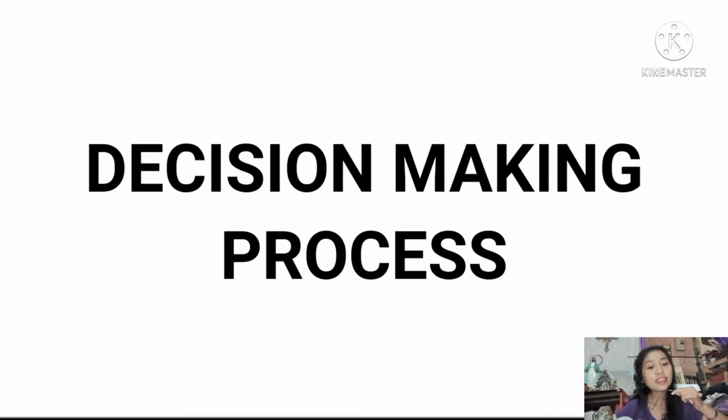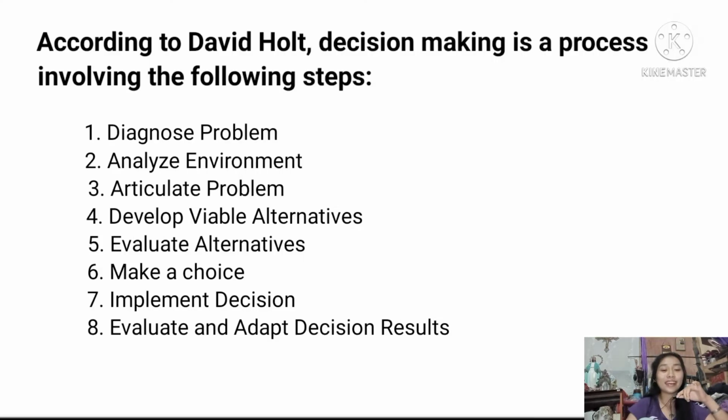I will be presenting the continuation of our report, which is the decision making process. So, let's start. According to David Holt, decision making is a process involving the following steps. There are eight steps.